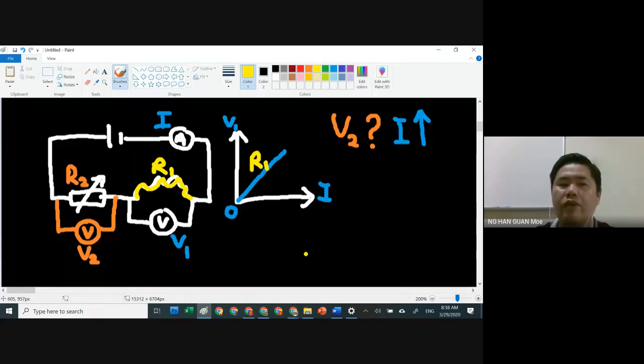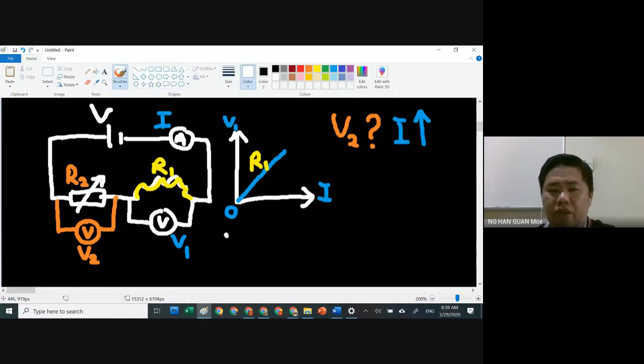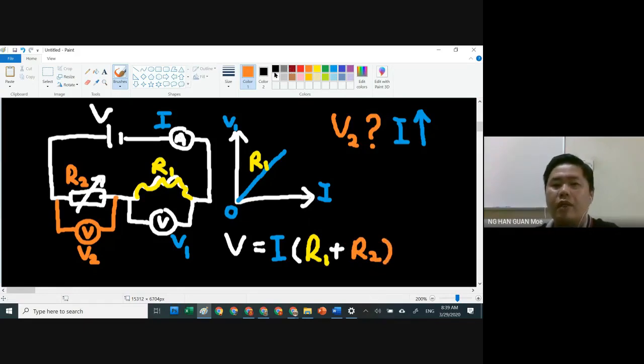The circuit has the effective V, and this effective V is equal to the single current here multiplied by the effective R of the circuit, R1 plus R2, because they are connected in series.